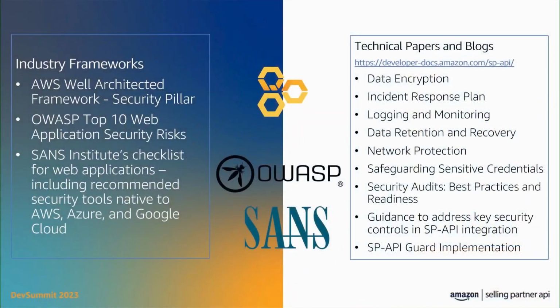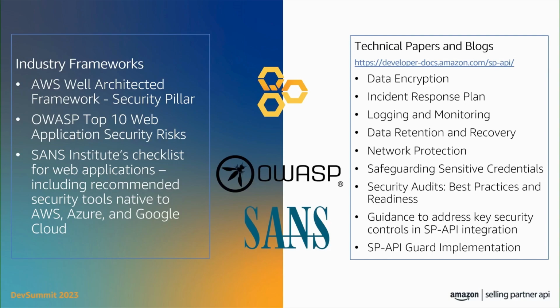A few of the industry frameworks we already mentioned were the AWS Well-Architected Framework. OWASP, the Open Web Application Security Project, is a great resource as well. They have standards for web application security, API security, even LLM security nowadays, covering vulnerabilities around prompt injection and such. So those are great resources to have.